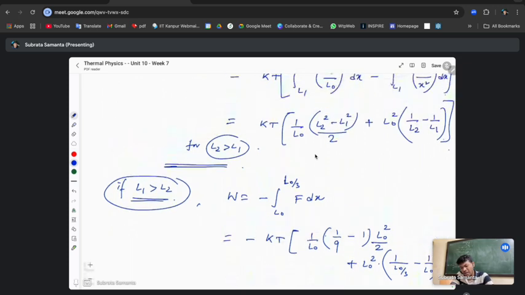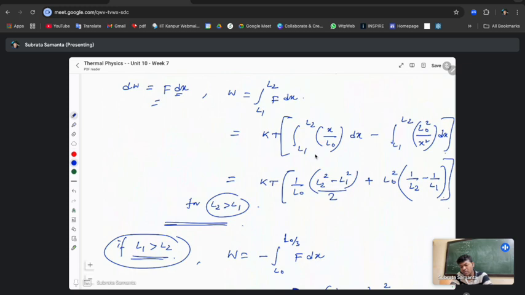So when L2 is greater than L1, I have not used any minus sign here, right? So this is true for L2 greater than L1. I am not using any minus sign in this equation.